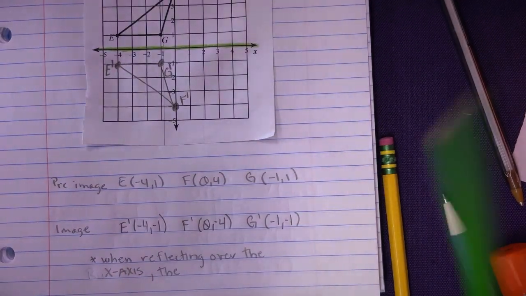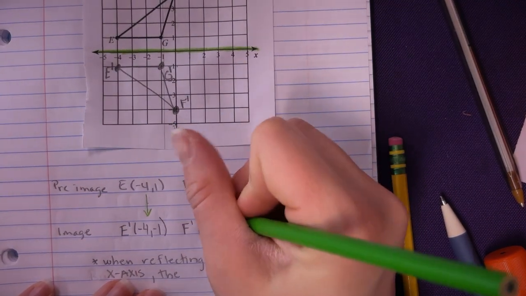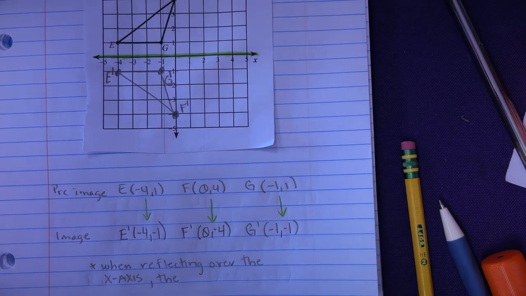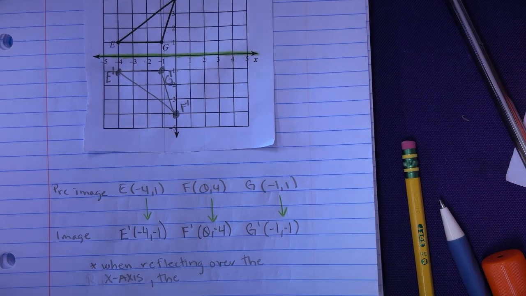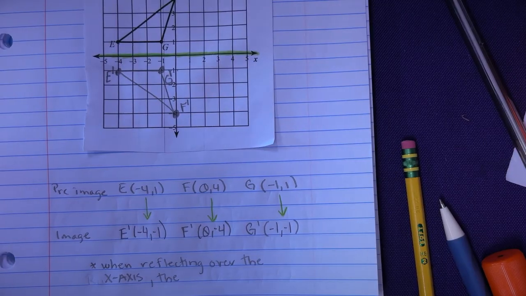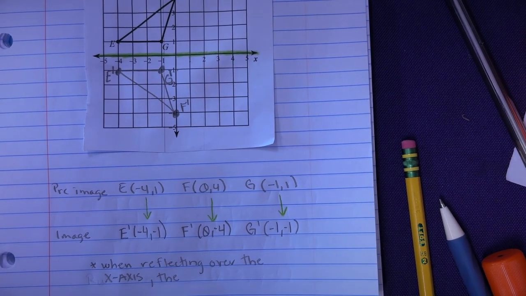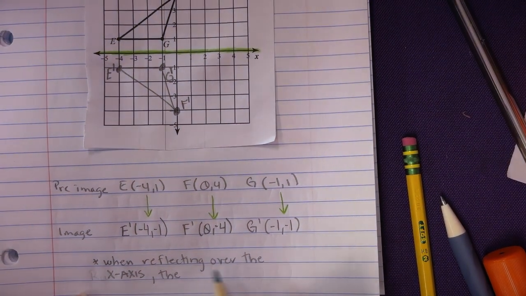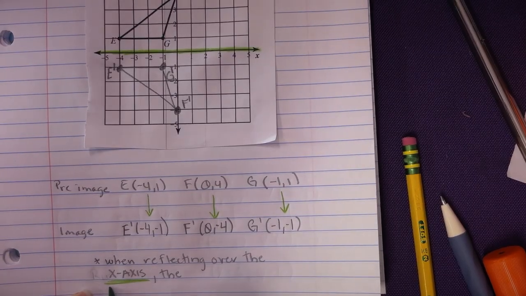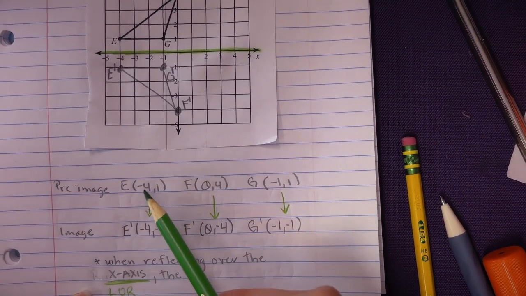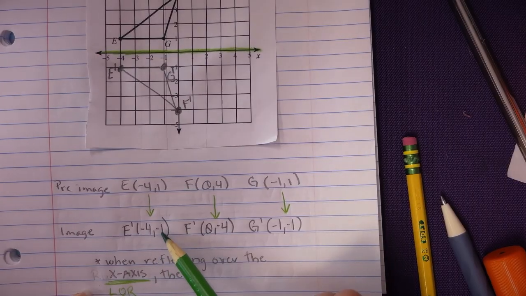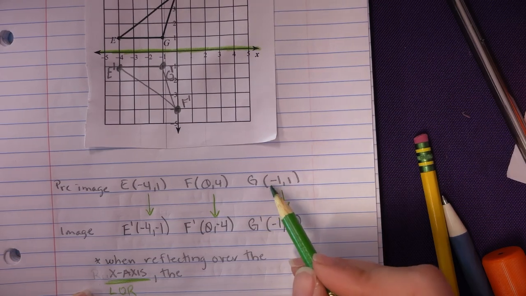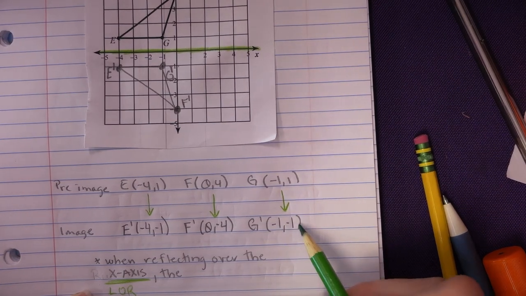So when we take a look at how it changed, take a moment, pause the video, maybe see if you can figure out what the change is, and see if you get the same answer as me. When we reflect over the x-axis, because that was our LOR, the only thing that changed, so we went from 1 to -1 for the y value of E, from 4 to -4 for F, and for G, -1 to -1.